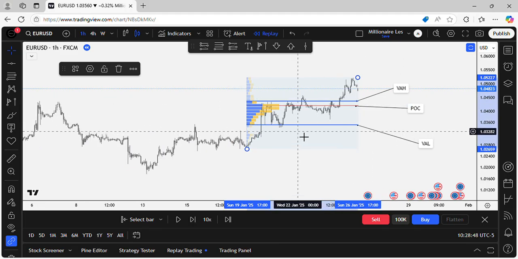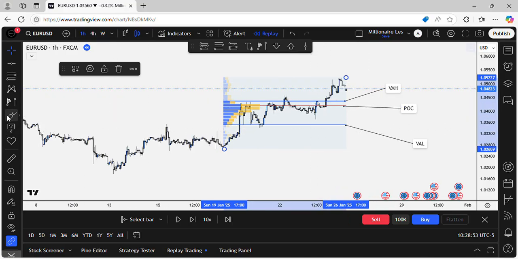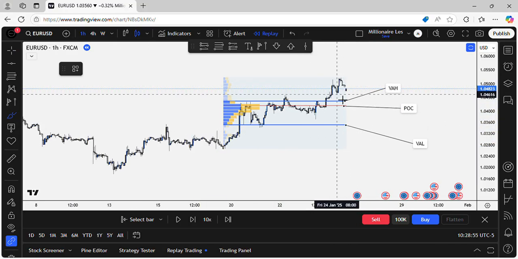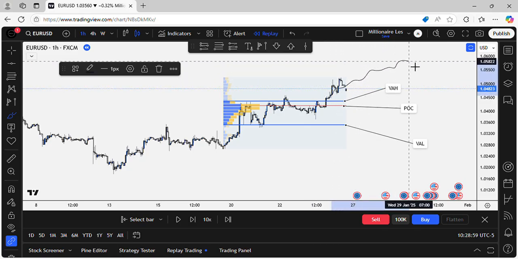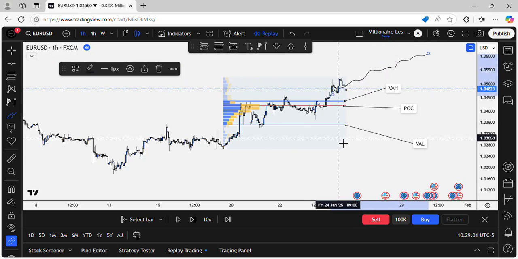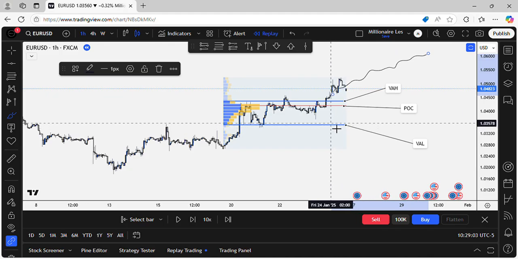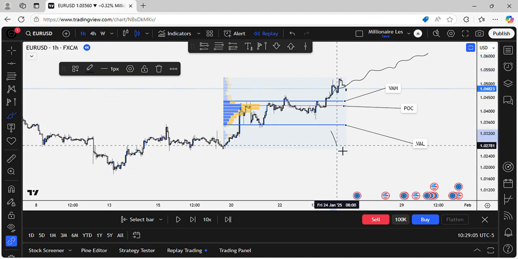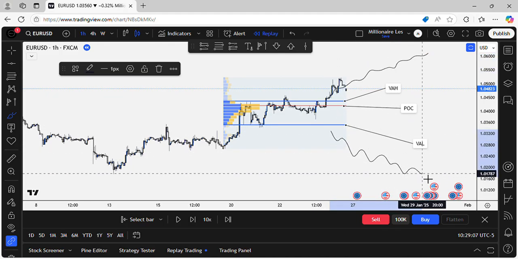Now, how do I get my biases for the week? If price closes above the value area high, I'm expecting price to continue up. If price closes below the value area low, I'm expecting price to continue down.